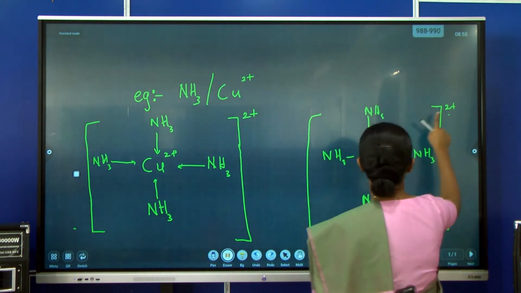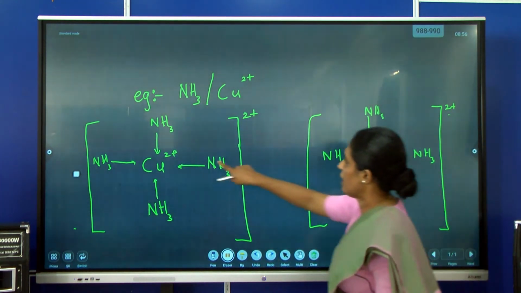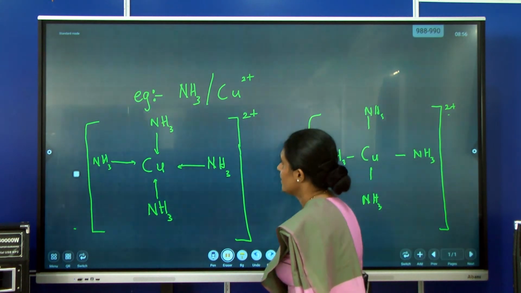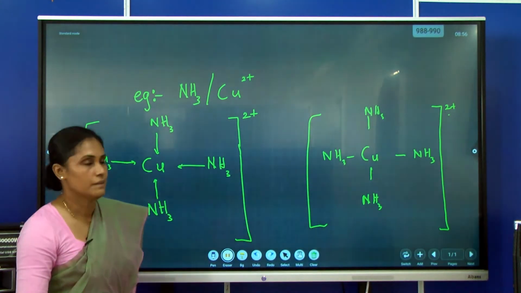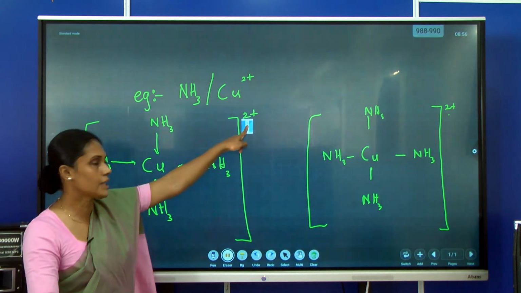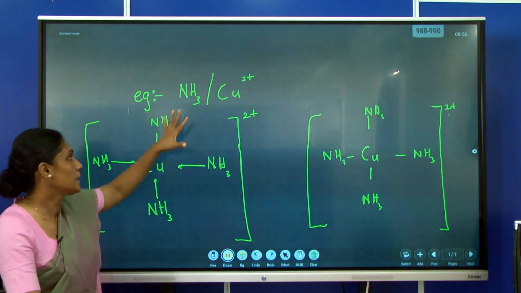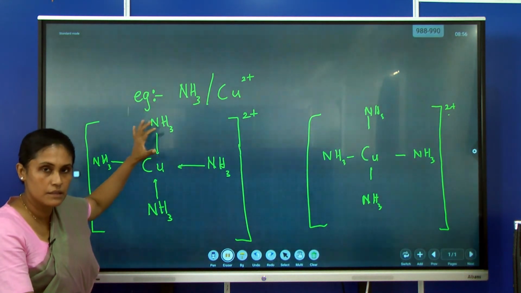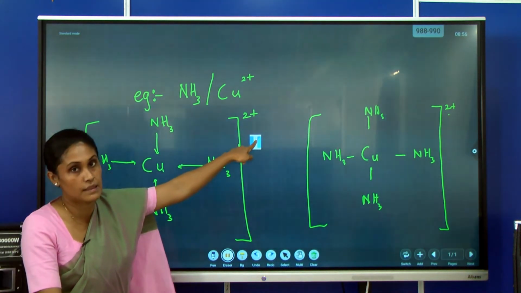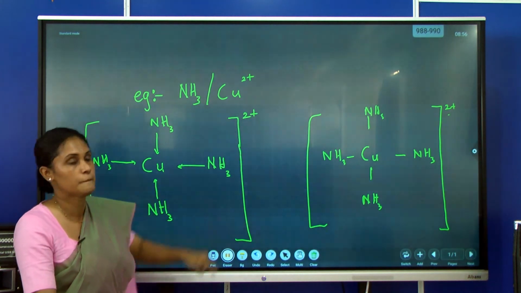You better write the charge here, that is quite enough. If you mark the 2 plus here, there is no point writing it elsewhere. For the complete diagram, the charge is 2 plus. That's the meaning, right?